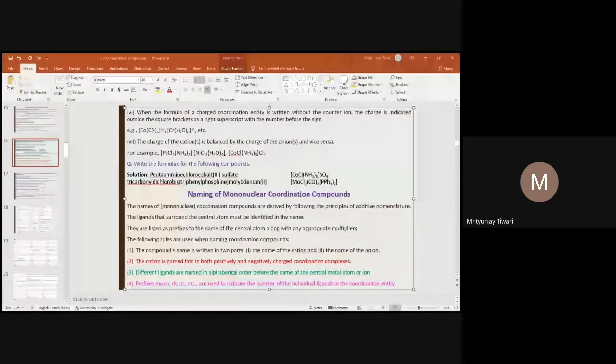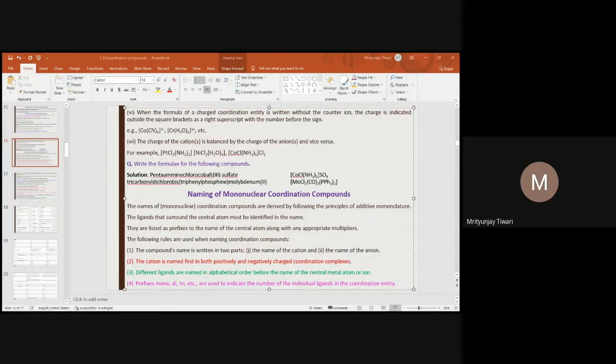If three carbonyl groups are there, we write tricarbonyl. Two chloro ligands are here, so to represent two, the numerical prefix di is used: dichloro.